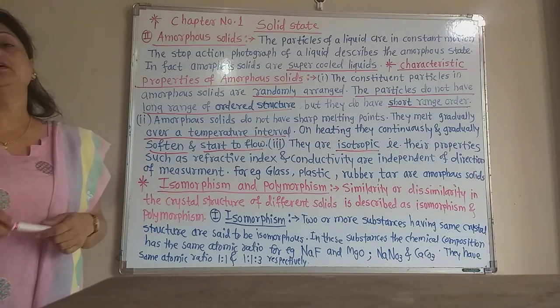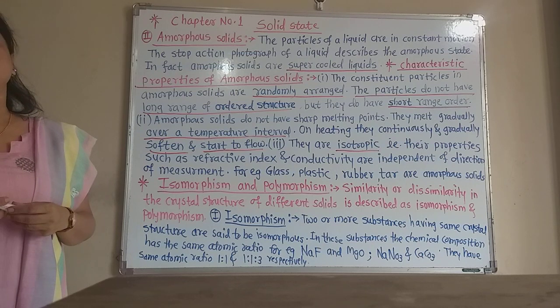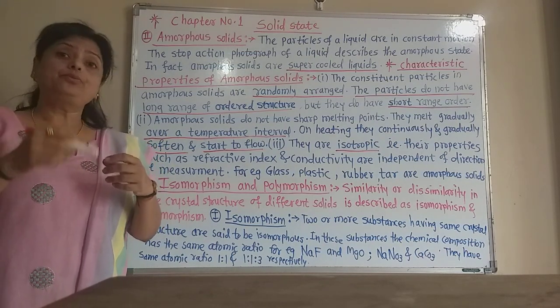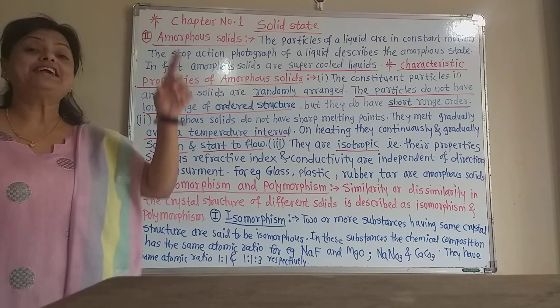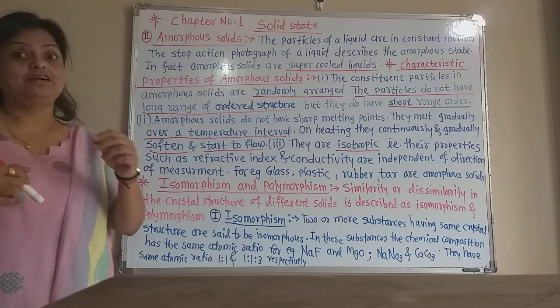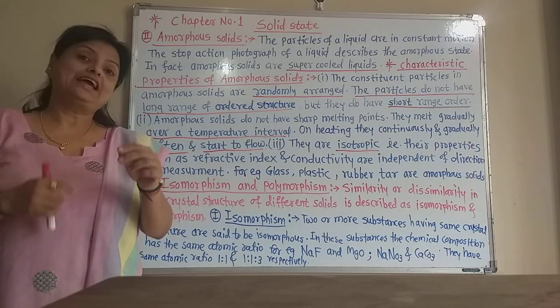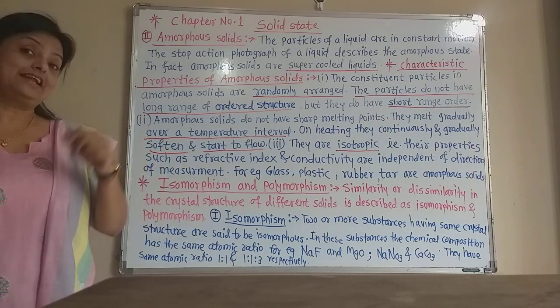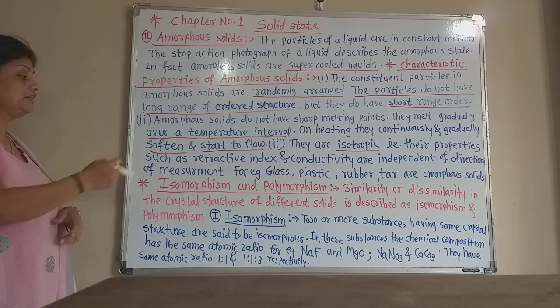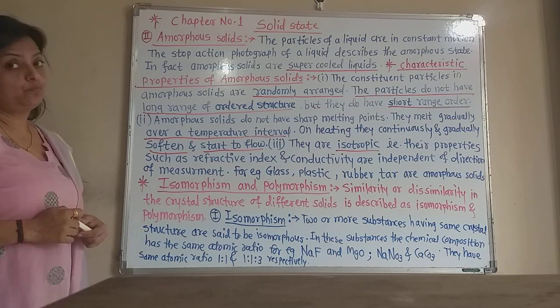You may, in childhood, have heated bangles and made garlands of the bangles. On heating, the bangle glass becomes softened and you can make a garland of it. In this way, amorphous solids become softened and start to flow.